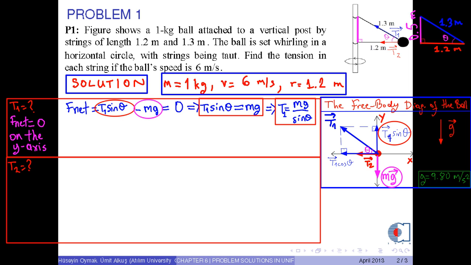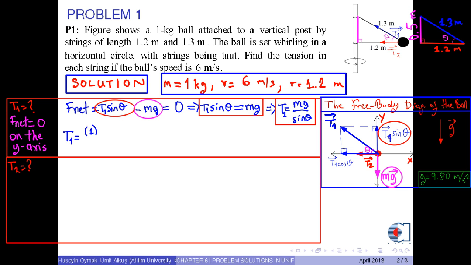Dividing both sides by sin theta, we find an expression for T1 as T1 equals m times g over sin theta.